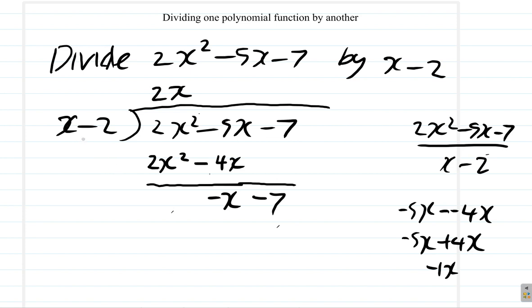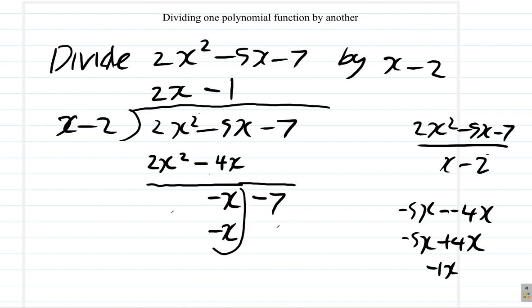Now, we're going to divide again, because what we have is a negative x here. The power of x is 1, the power of x is 1. So let us divide. X into negative x goes negative 1 time. Then the negative 1 we multiply the x and we multiply the negative 2 as well. So negative 1 times x is negative x.